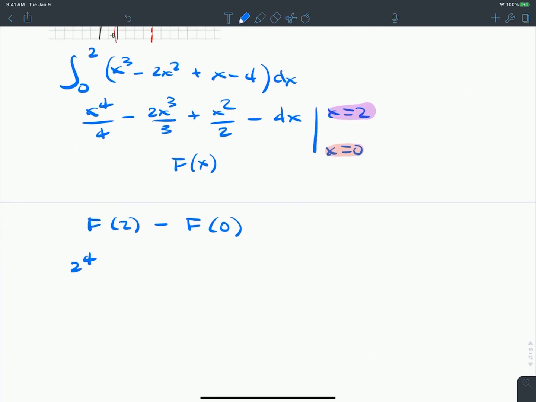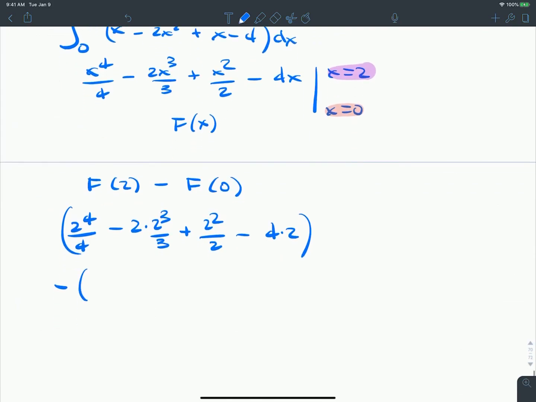This is 2 to the 4th over 4 minus 2 times 2 cubed over 3 plus 2 squared over 2 minus 4 times 2, minus 0 to the 4th over 4 minus 2 times 0 cubed over 3 plus 0 squared over 2 minus 4 times 0.